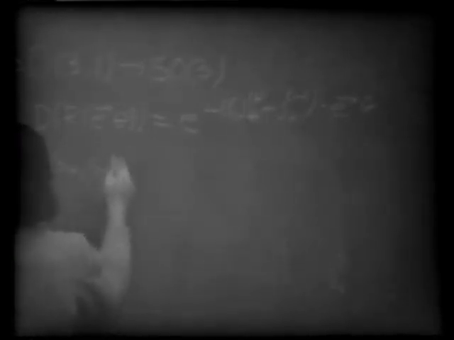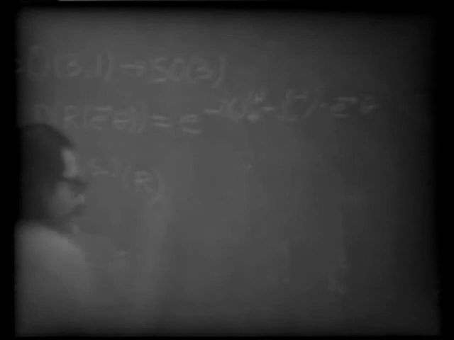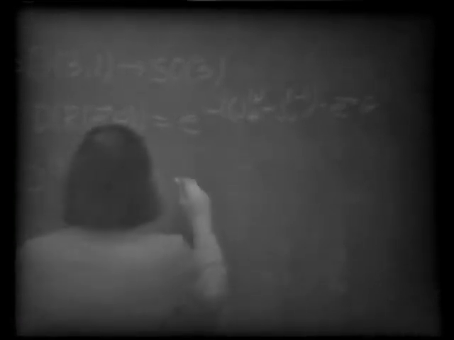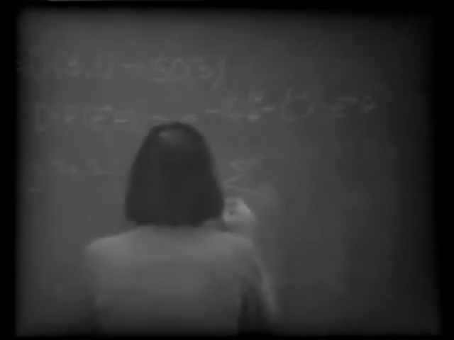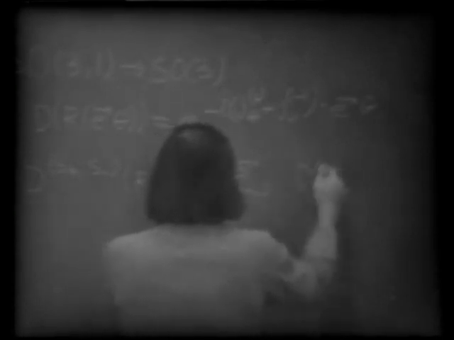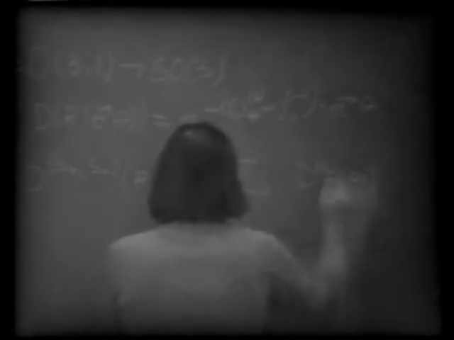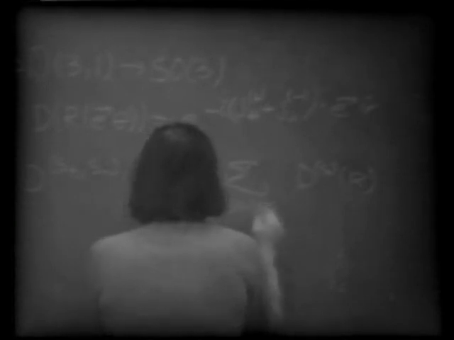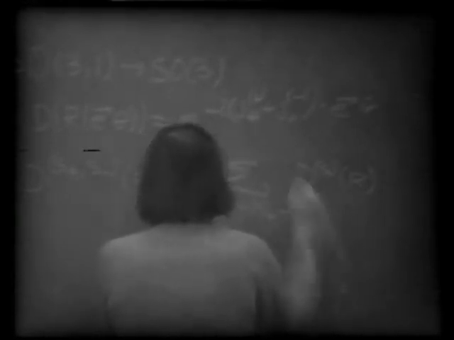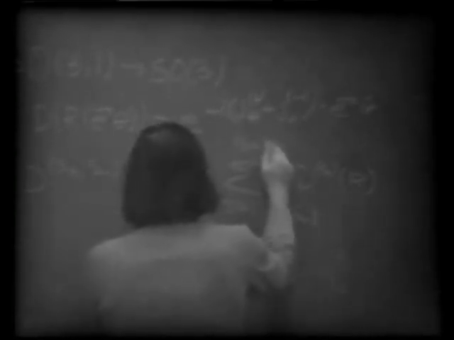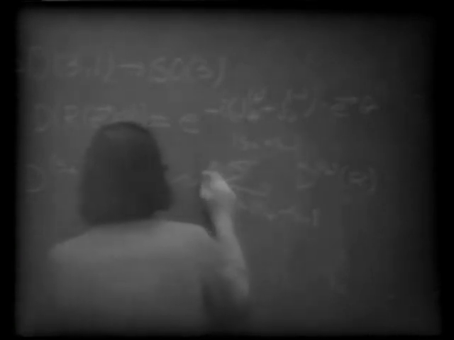So I have d_{s plus, s minus} of r, restricted now to rotation r, is equivalent to the sum of the d_s of r, representations of the three-dimensional rotation group, where s goes from s plus minus s minus to s plus plus s minus, and of course this is a direct sum. All I'm talking about is rotations. Now the fact that these two independent angular momenta came from the Lorentz group is totally irrelevant.